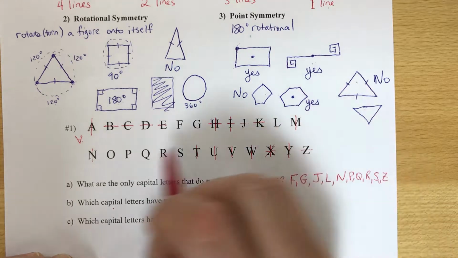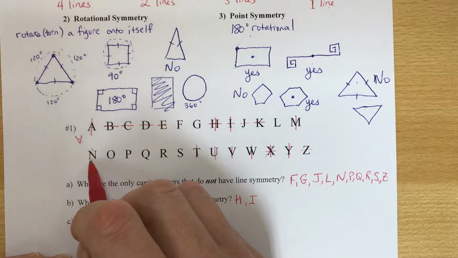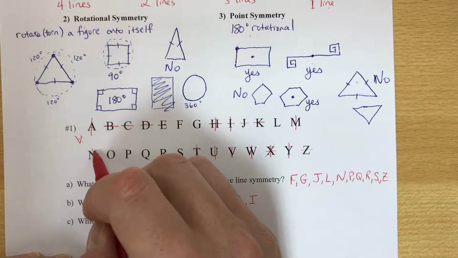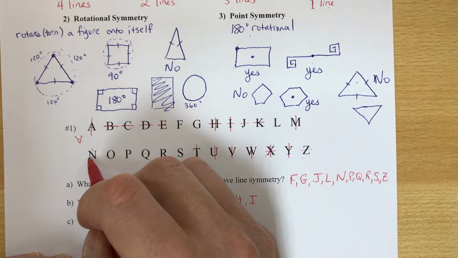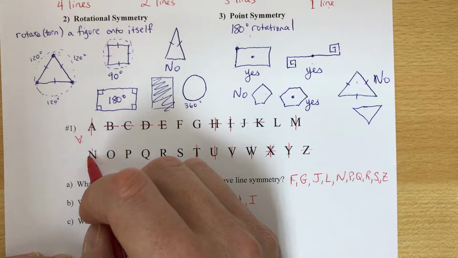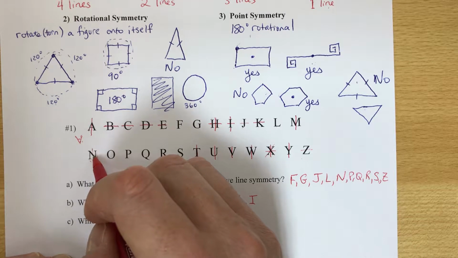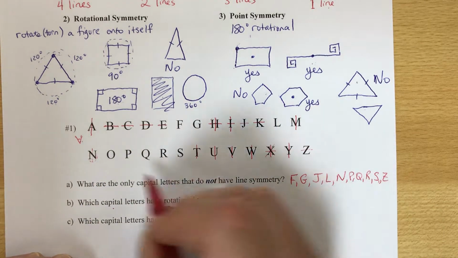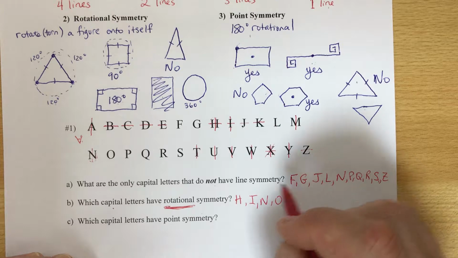No, no. Now, N does not have line symmetry. However, it does have rotational. If we did 180, if we turned it halfway, this would turn to here. This would turn to here, and then this section would turn up. That would rotate onto that section right there. So that would be N. O has rotational.